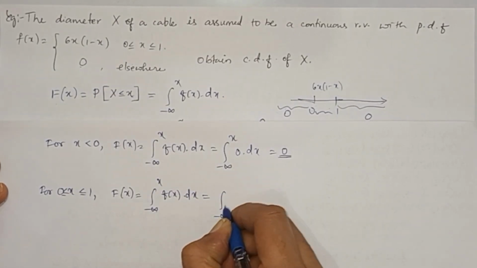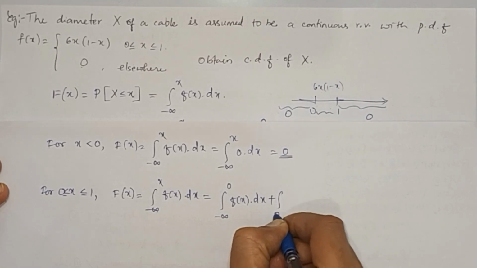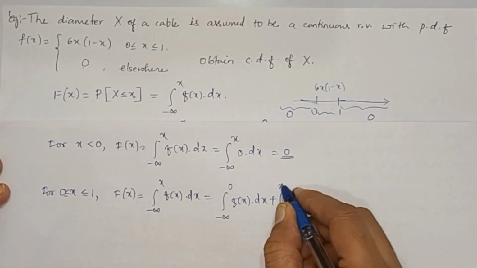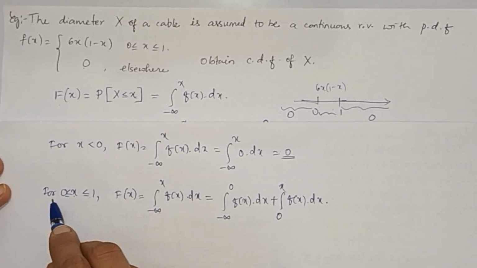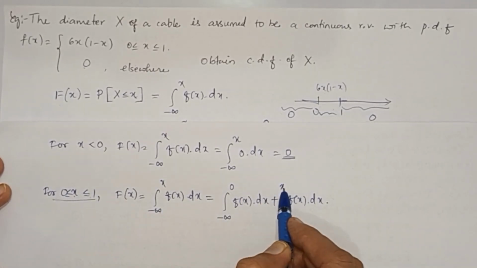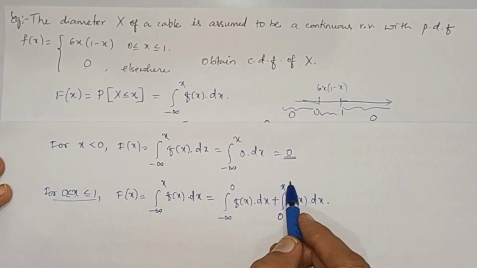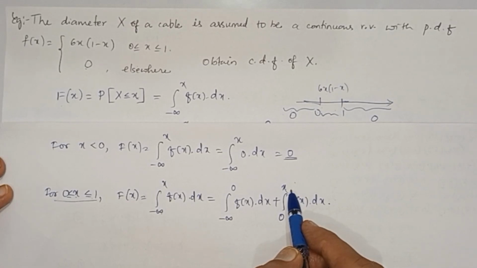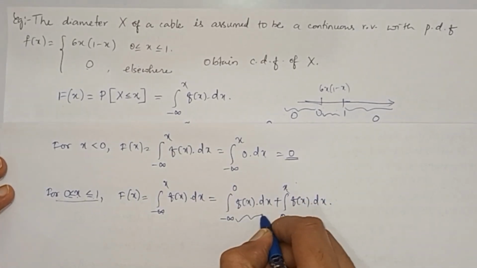Therefore, the integral from minus infinity to 0 of f of x dx plus the integral from 0 to x of f of x dx. Here you only have to write 0 to x because x is in between 0 and 1, which we have specified here. It can take any value between 0 and 1. Don't take directly 1. So anyway, the first part is 0.